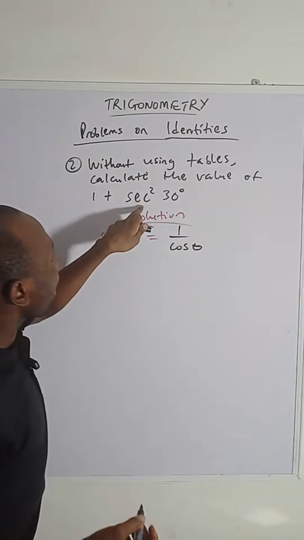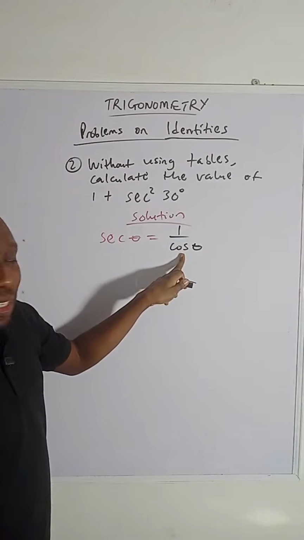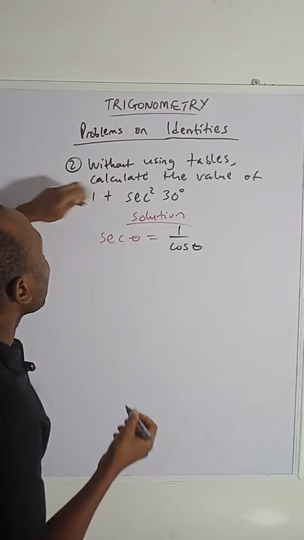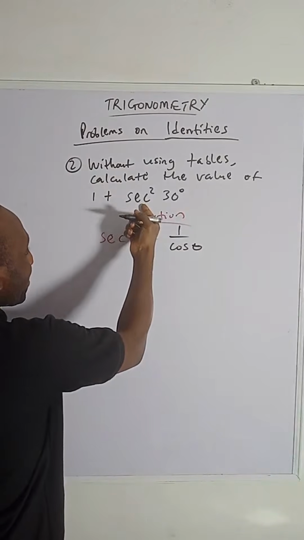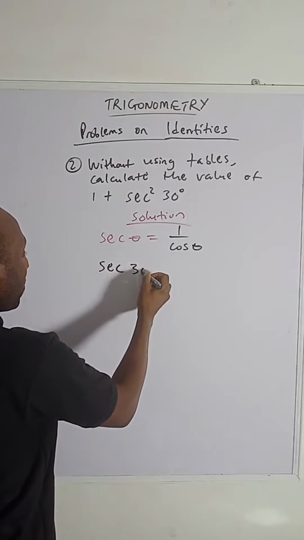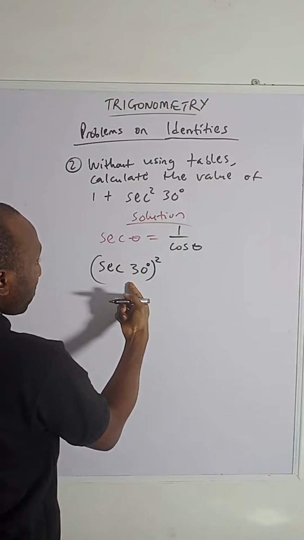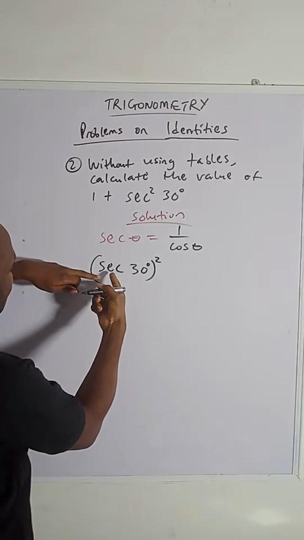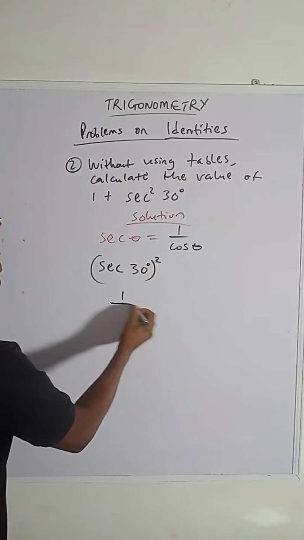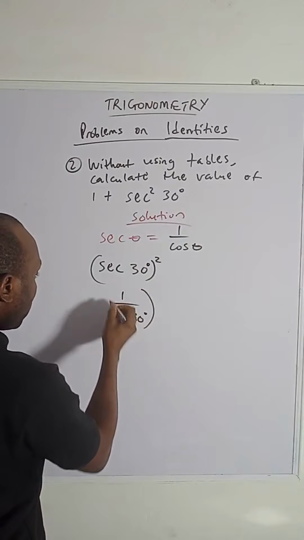So I'm going to replace sec theta with 1 over cos theta. Let us first get sec squared 30 degrees, which can be written like this, all squared. Since we know that sec theta is 1 over cos theta, I'm going to write 1 over cos 30 degrees.